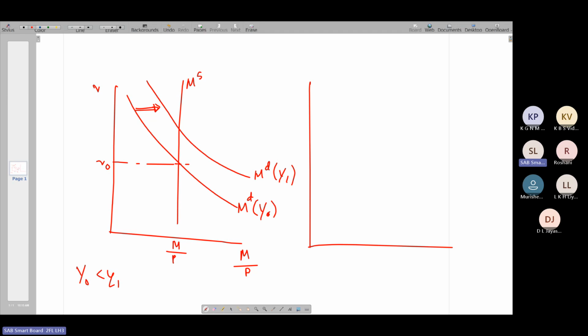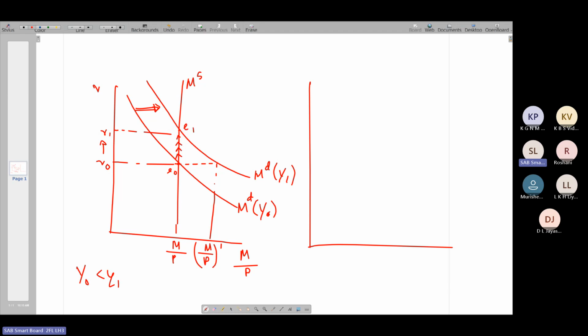You can identify these points. Now what happened? This is the equilibrium point initially, E0. Now the new equilibrium moves up to E1.